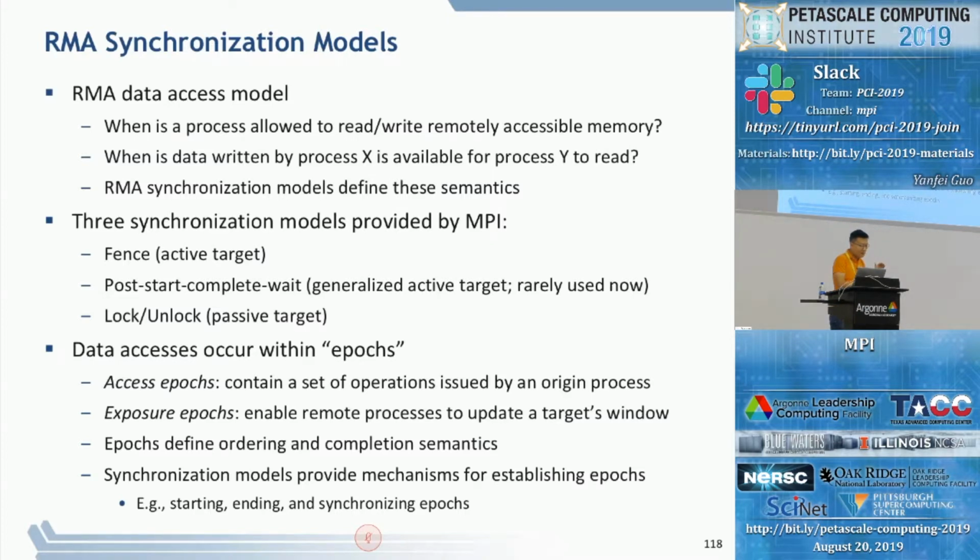What the MPI library gives you is that when you close the epoch, it guarantees that all these operations have been synchronized and your memory is in a consistent state. So all the synchronization models basically give you an opening of an epoch in which you can do operations, and closing it synchronizes the state.